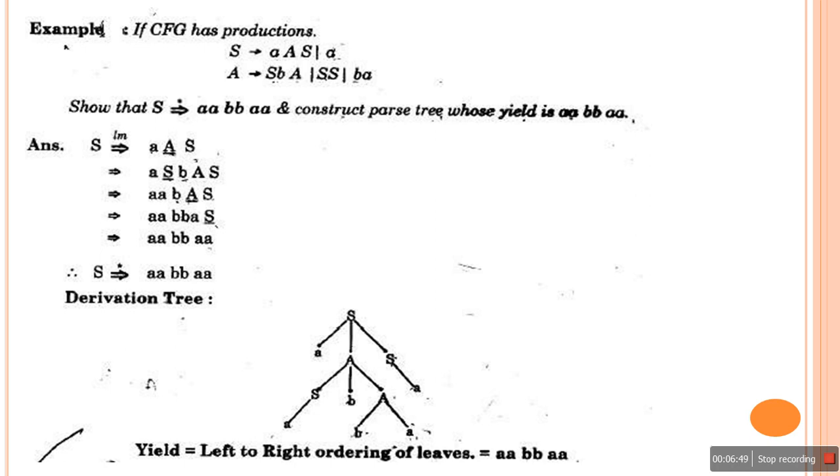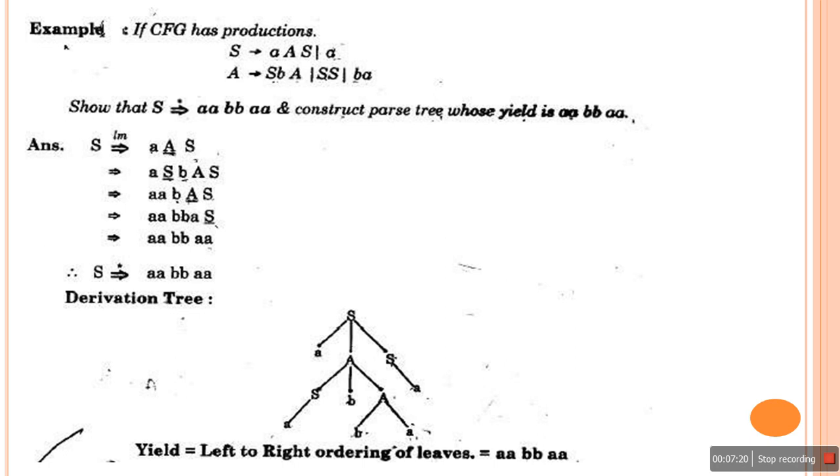So if we are taking leftmost derivation, S is replaced by non-terminal node AS. This A is again replaced by SBA. Then S is replaced again by small a.